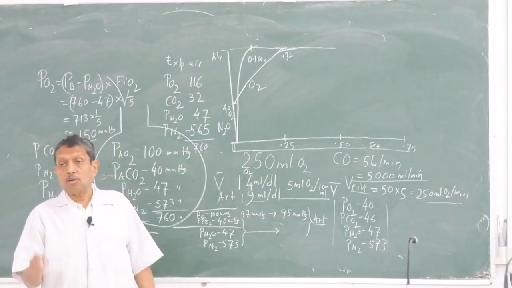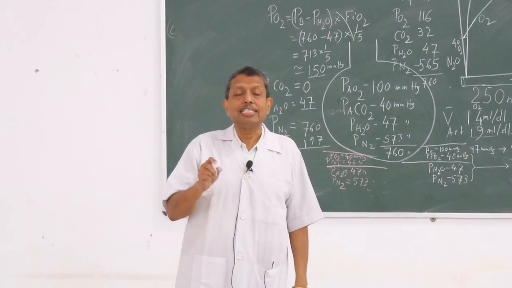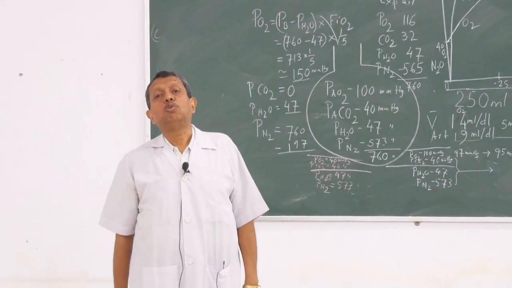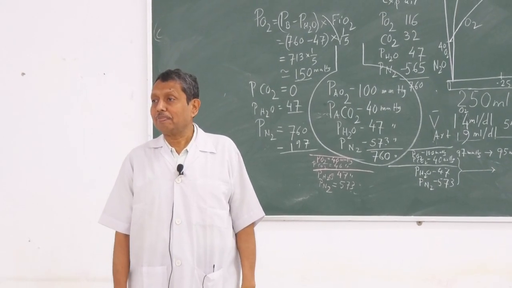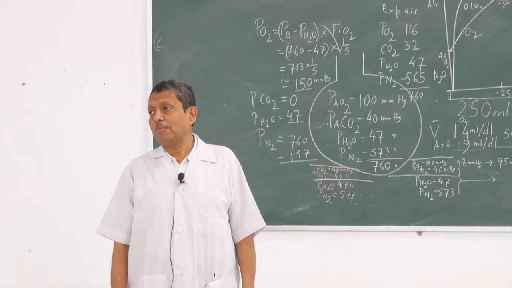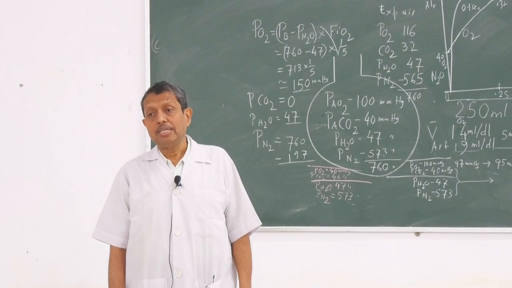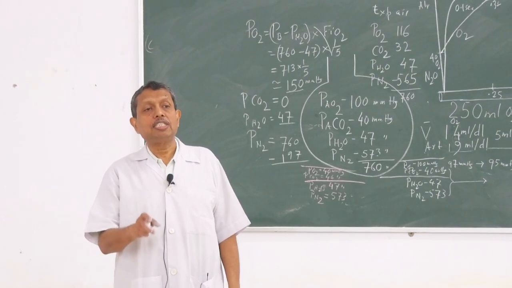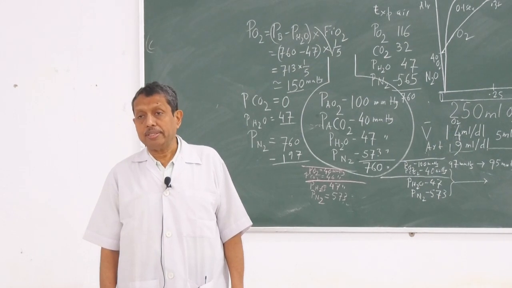But carbon monoxide, when it goes into the RBC, has a strong propensity to form carboxyhemoglobin. In comparison to oxygen, its affinity is 210 times, more than 200 times, so its tendency to bind with hemoglobin to form carbon monoxyhemoglobin is high.